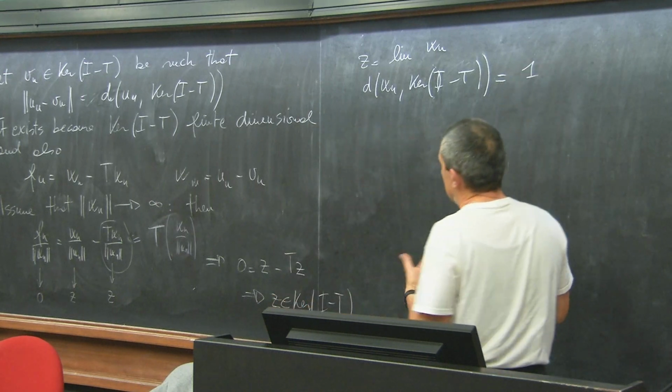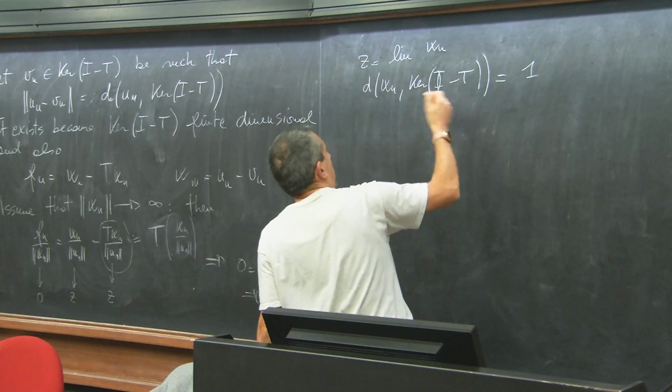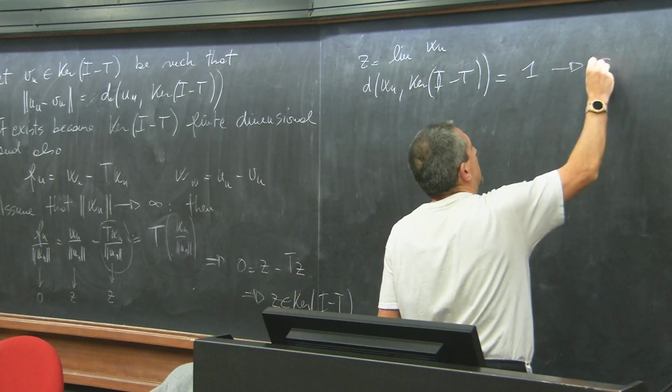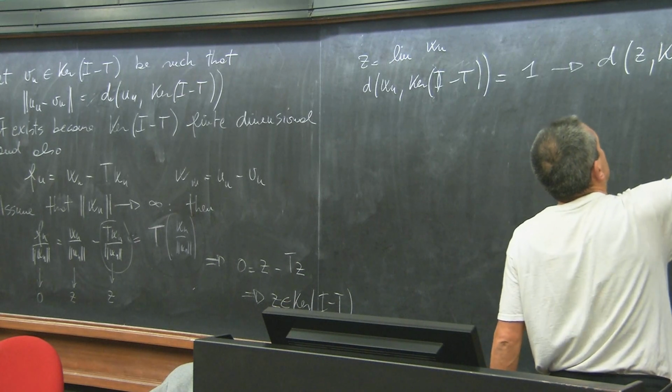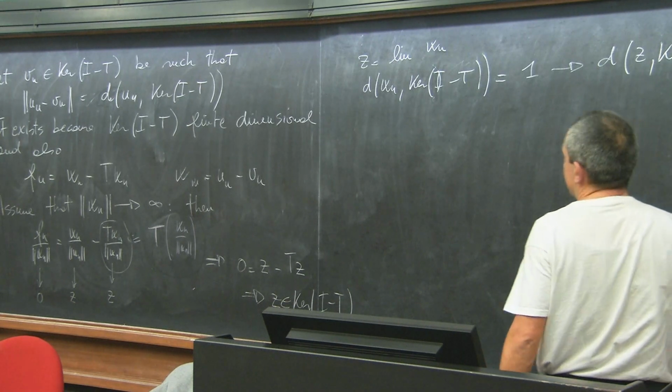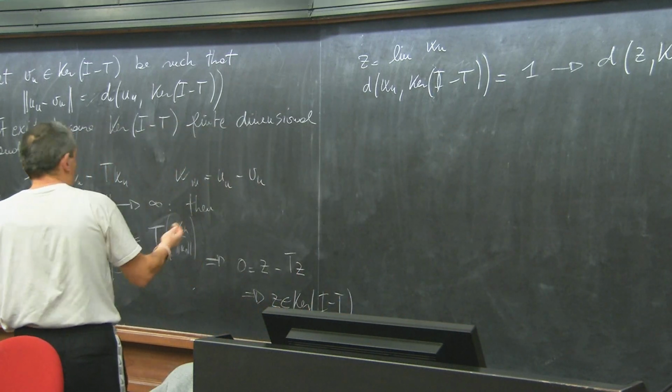So I get a contradiction, because if I pass to the limit, the distance of Z from the kernel is equal to 1, because distance is continuous. And so contradiction.